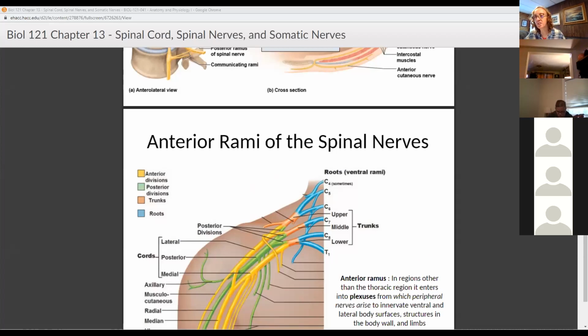I'm going to pause for 1 second. I'm going to see if I can find a picture that I found the other night. Excuse me. Let's see here, cross section, anterior rami, posterior.